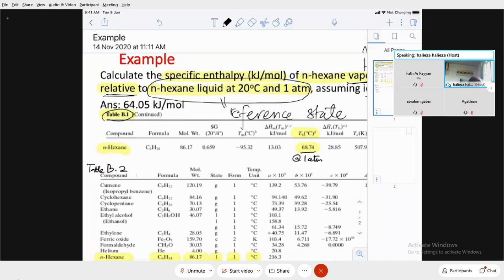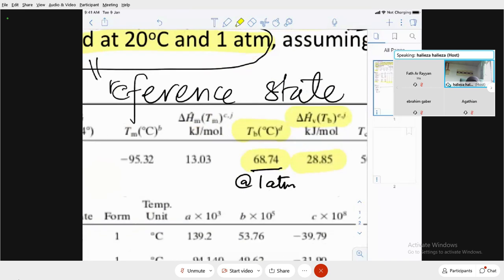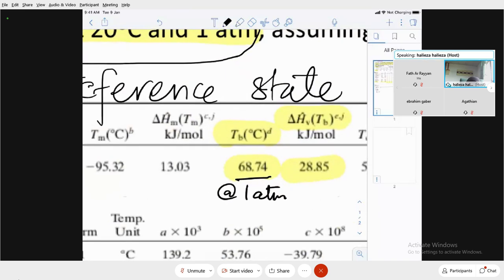And what you get from that same table is the enthalpy change for vaporizing it, for boiling it. If you look at this, there's a subscript V there. That is the enthalpy change for vaporization. The unit is kilojoules per mole. So this is the enthalpy change when you are boiling it at 1 atm at its boiling point.